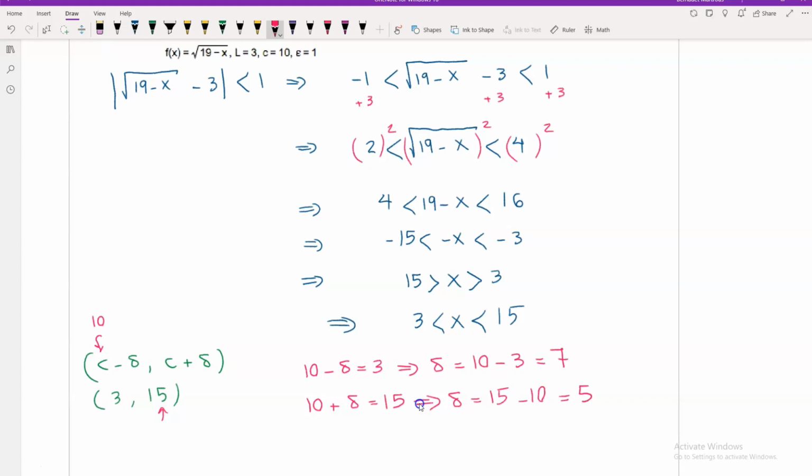We have to use the smallest distance between c and the endpoints of the interval 3, 15. So in this case, the smaller number is 5. So that means our delta is equal to 5.